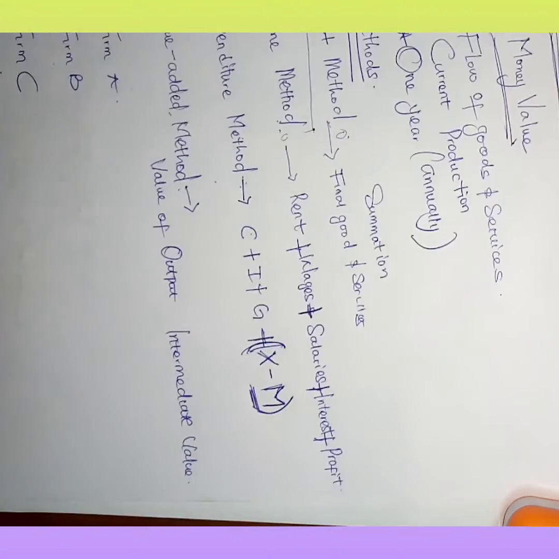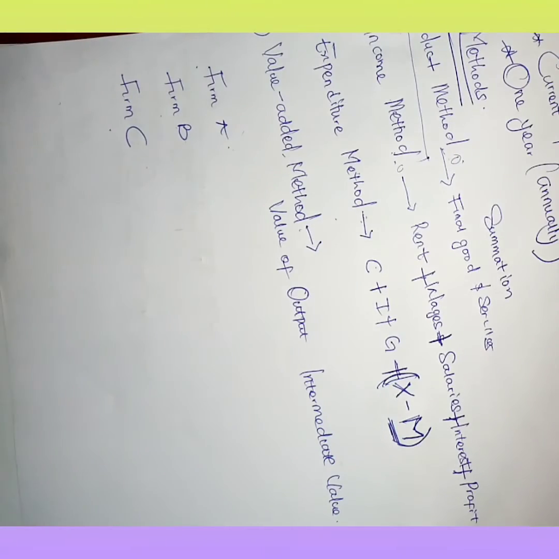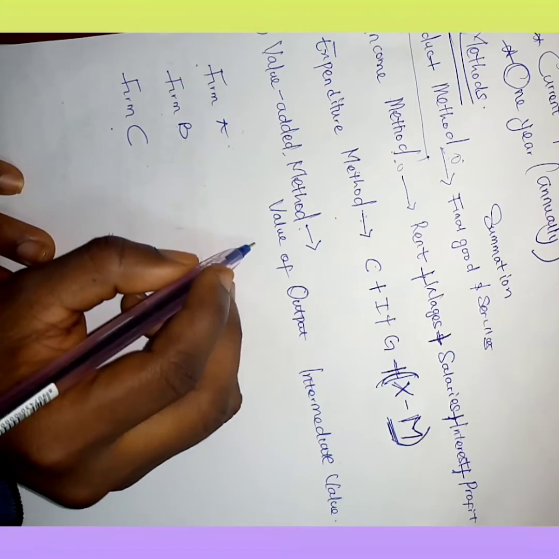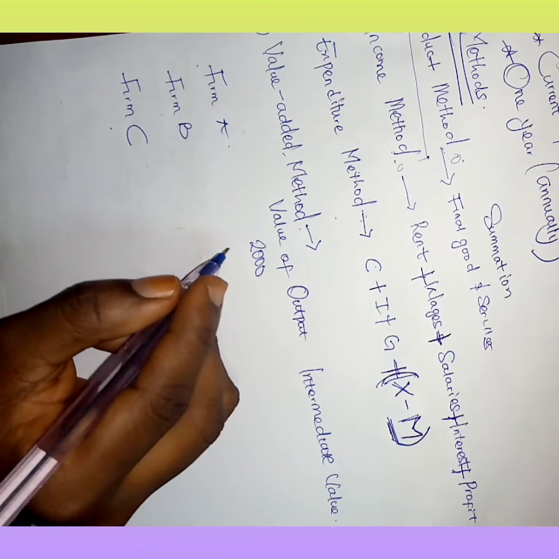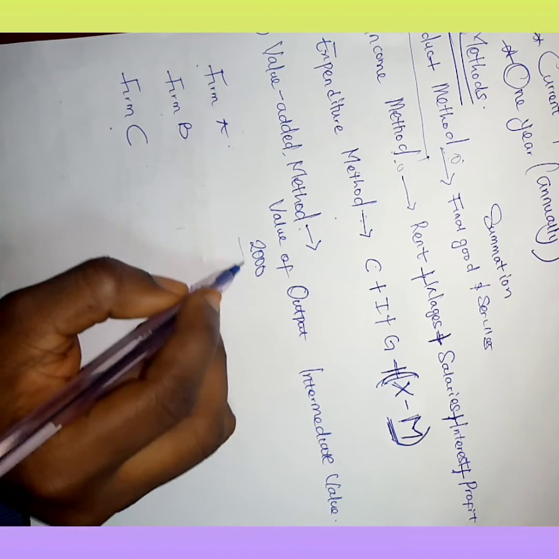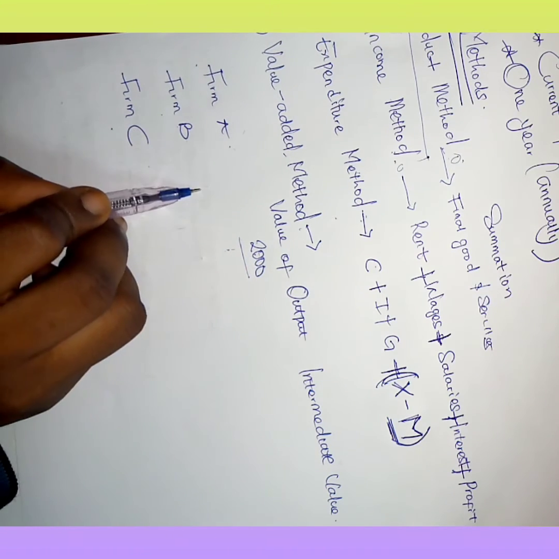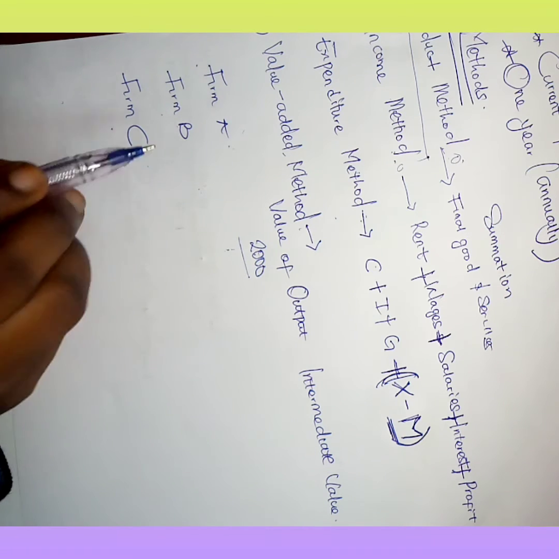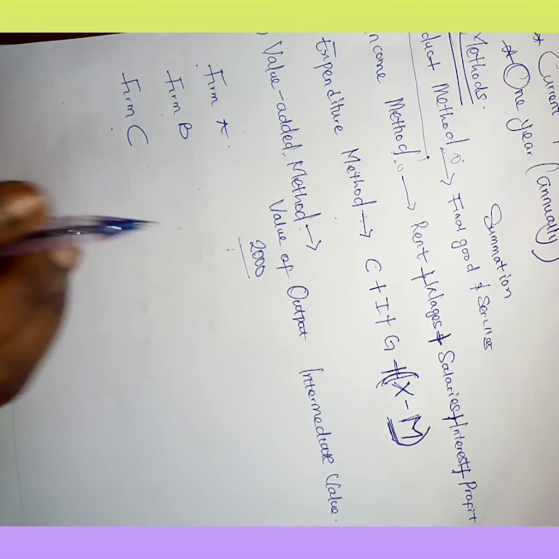All right. Now let's assume that the value of the cotton when it was extracted from the cotton tree was 2,000 naira. So that would be the amount it was sold to firm B. Firm A sold the cotton to firm B at the rate of 2,000 naira. However, firm B, who converted the cotton to clothes, added an additional value of 350 naira.